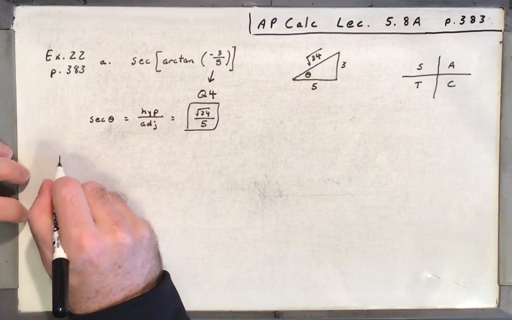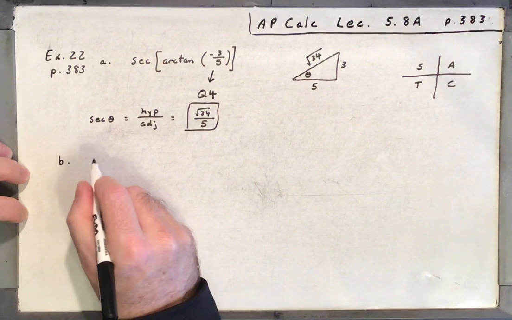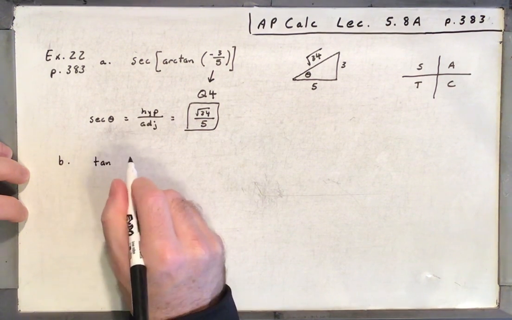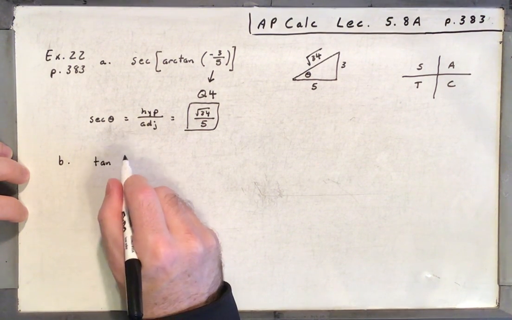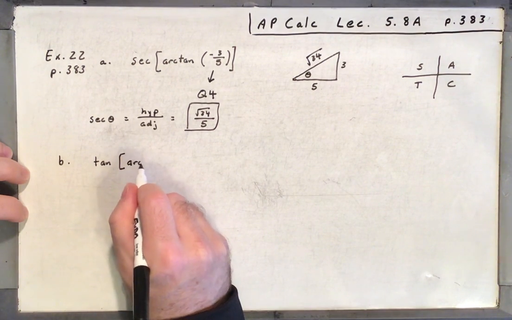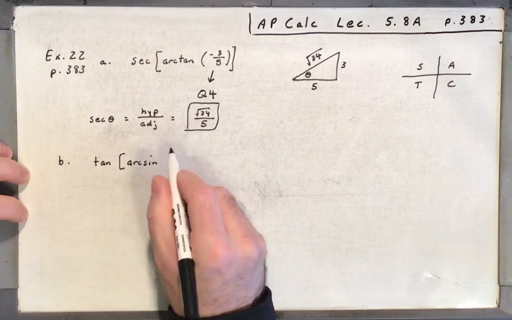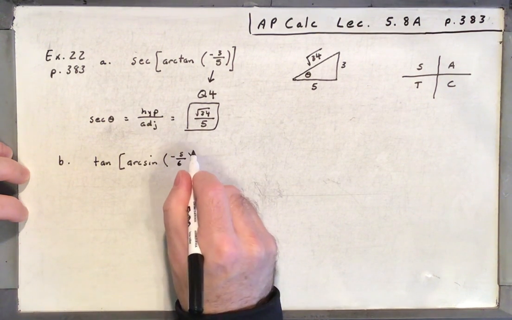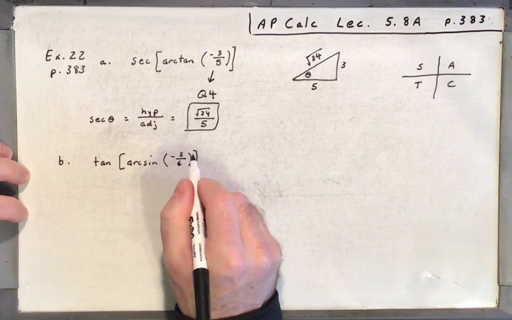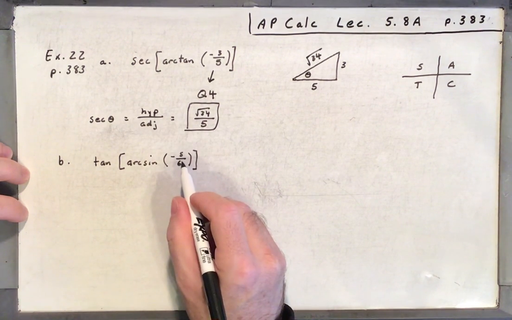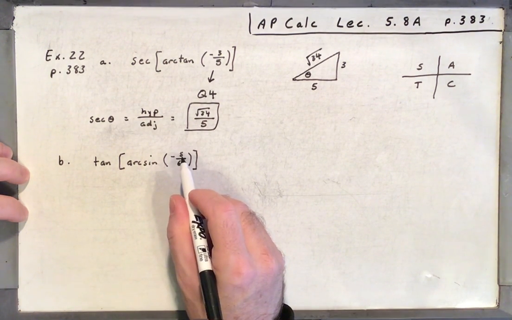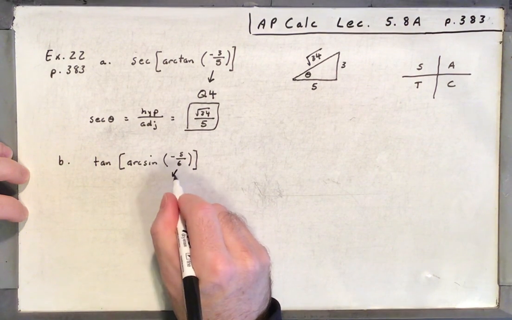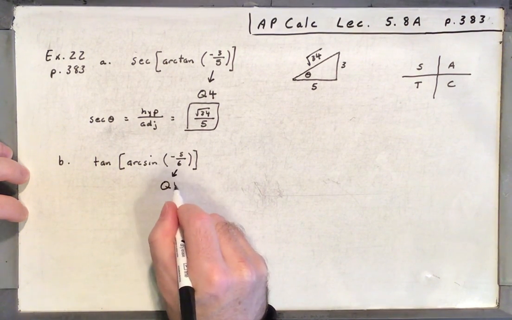All right, let's look at part B for 22. That says the tangent of the arcsine of negative 5 over 6. Okay, sine, again, we are restricted to quadrant 1 and 4. Since it's negative, we must be in quadrant 4.